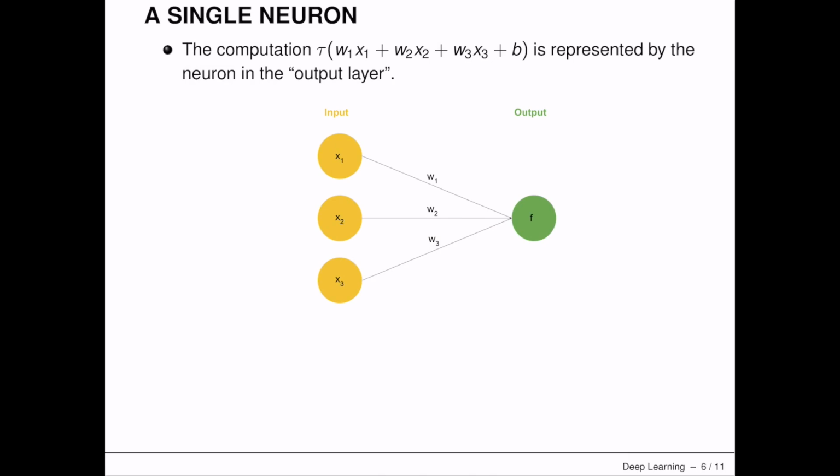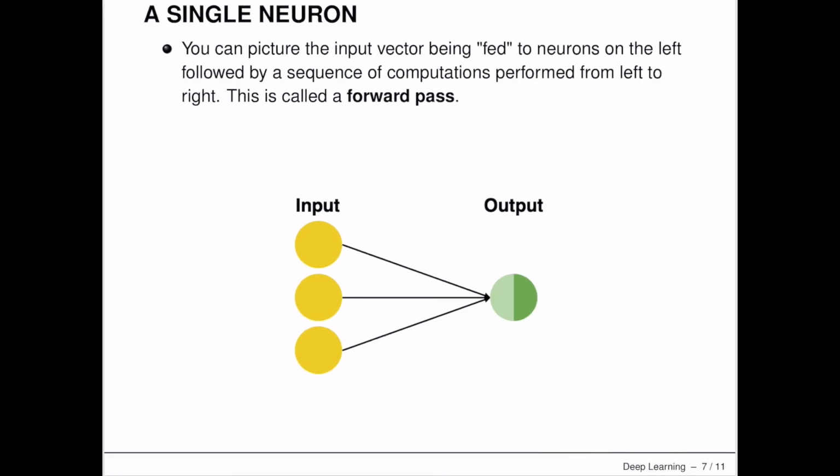So all the connections go to an output called f, and in this output neuron all the computation tau takes place. We can picture the input vector being fed to the neurons on the left, and then the computations being performed from left to right. This is called a forward pass.